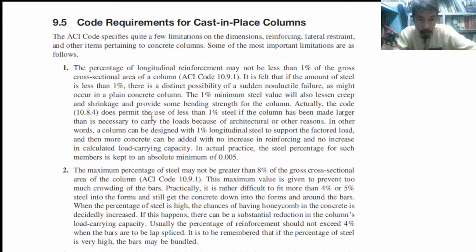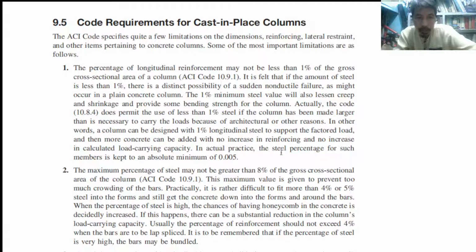Actually, the code does permit the use of less than 1% steel if the column has been made larger than is necessary to carry the loads because of architectural or other reasons. In other words, a column can be designed with 1% longitudinal steel to support the factored load, and then more concrete can be added with no increase in reinforcing and no increase in calculated load carrying capacity.